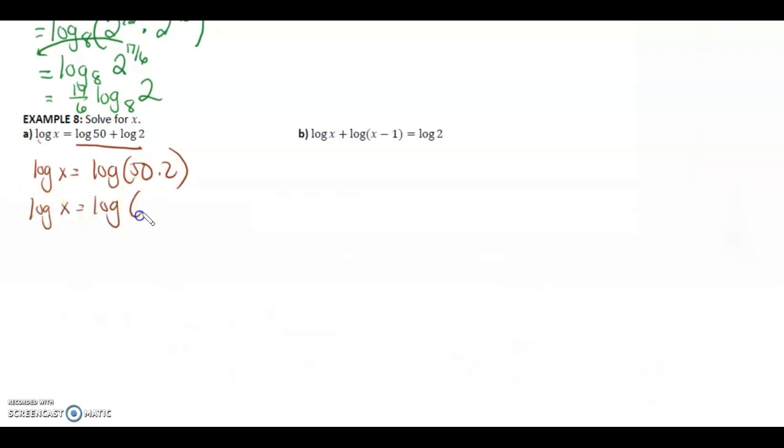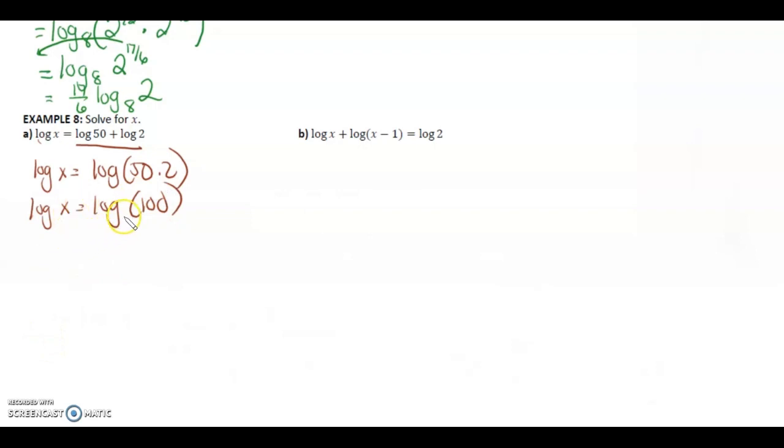Okay, example 8. Solve for x. So we have log x equals log 50 plus log 2. First of all, we have too many logs in here. I'm going to collect these so that we have log x equals log 50 times 2, which is going to be log x equals log of 100.